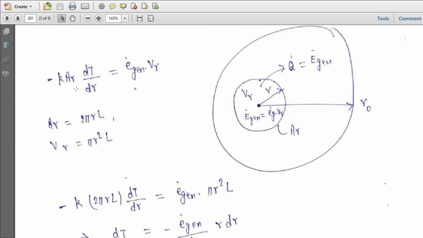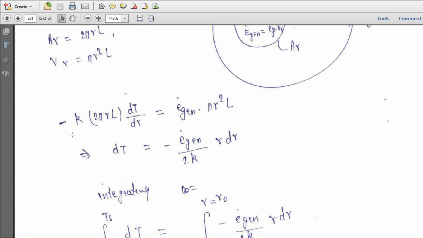Under steady state operation, for cylindrical coordinates, the governing equation is minus k A r dT upon dr equal to E dot generation into V r. So A r is 2 pi r L, and V r is pi r square L. If you substitute that here, k 2 pi r L dT upon dr equals E dot generation pi r square L. So dT is minus E dot generation upon 2k, r into dr.